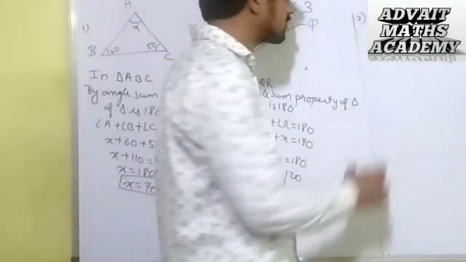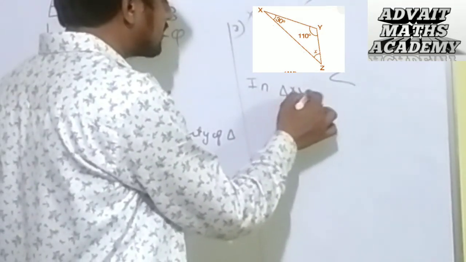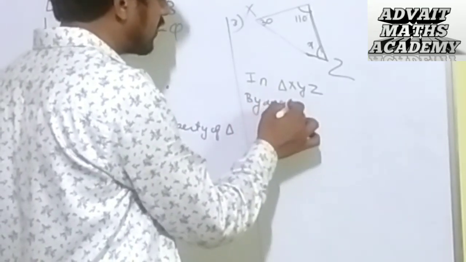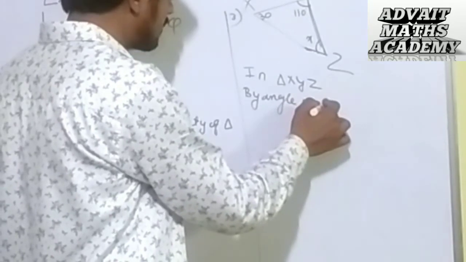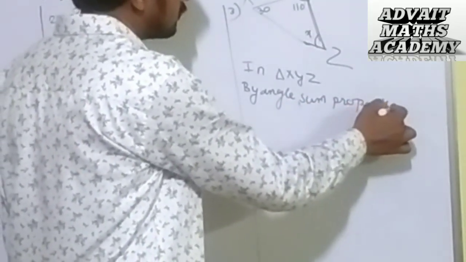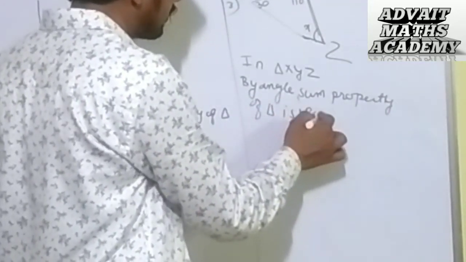Then in the last, in triangle XYZ, by angle sum property of a triangle, the sum is 180 degree.